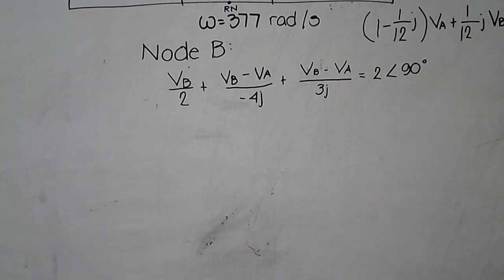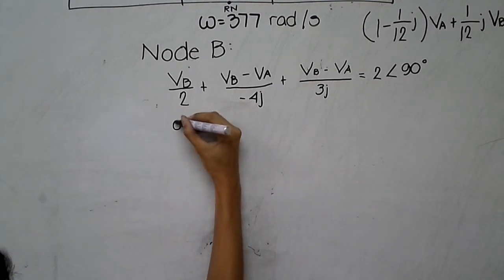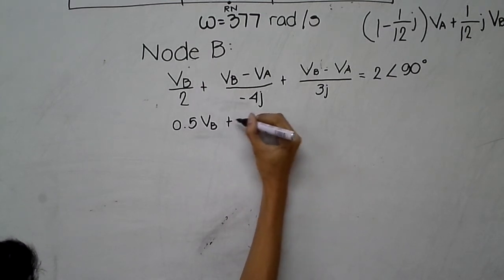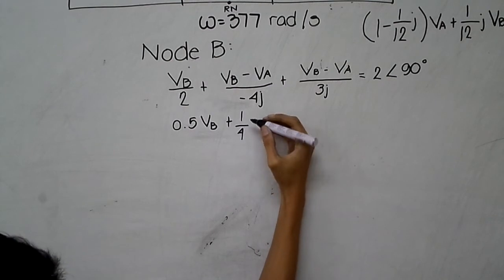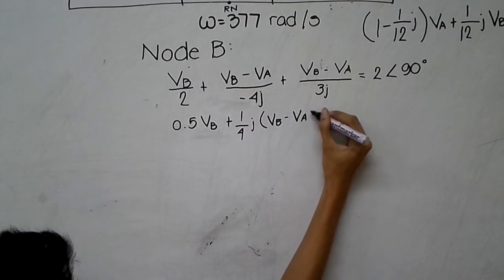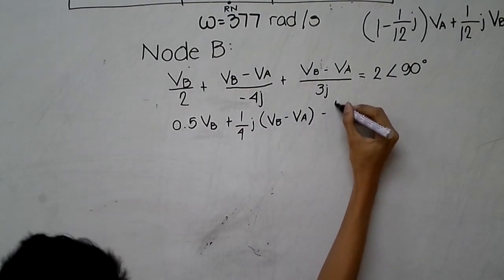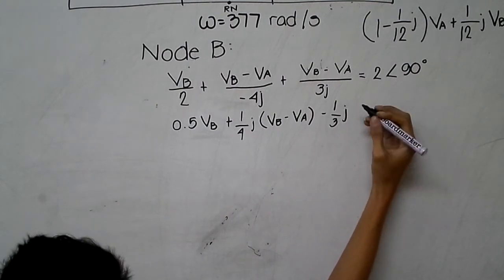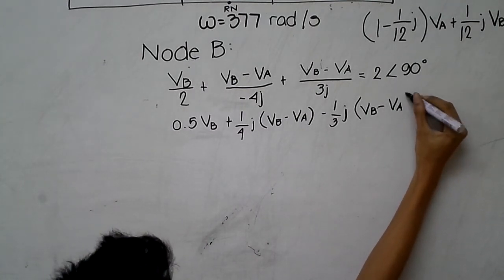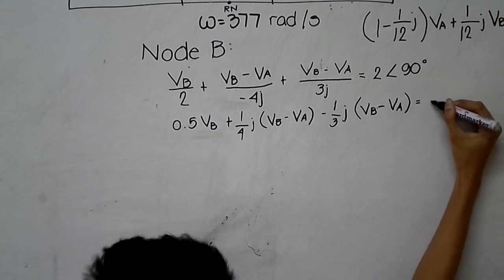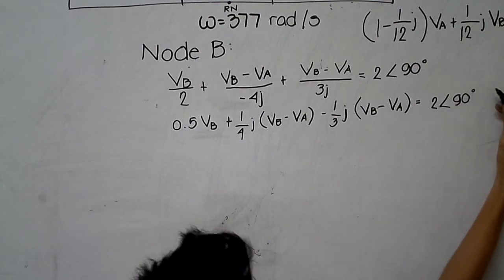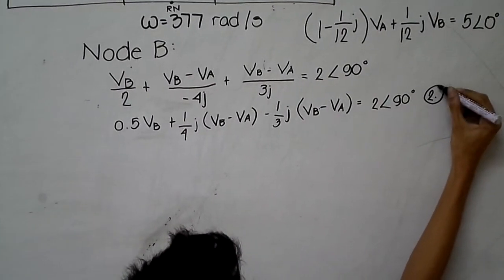Simplifying the equation further, we'll get 0.5 VB plus 1 all over 4j VB minus VA minus 1 all over 3j VB minus VA is equal to 2 angle 90 degrees. And this will be our equation number 2.